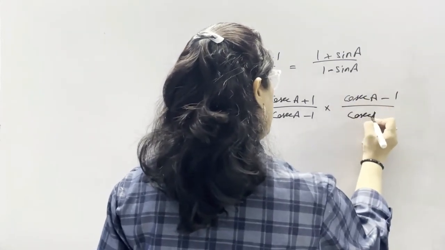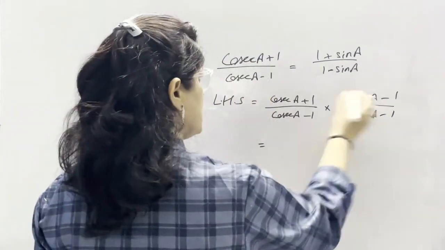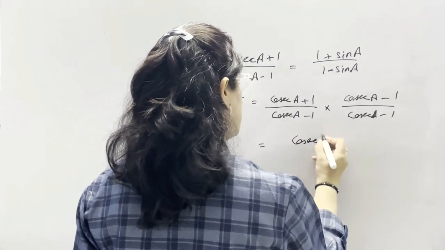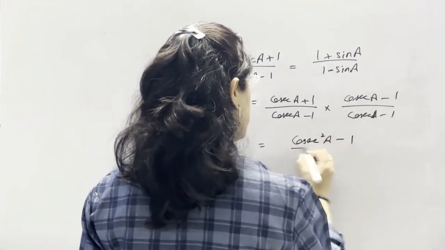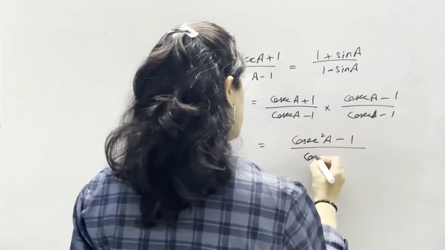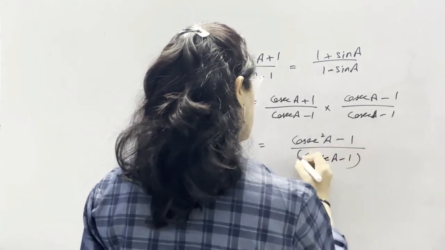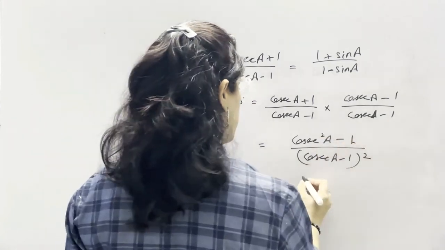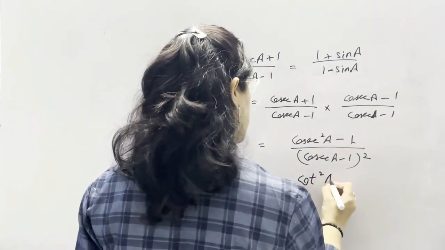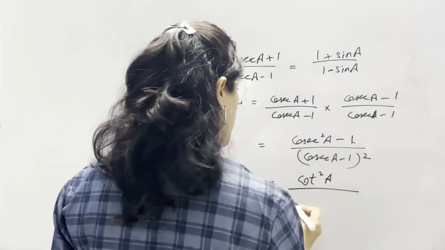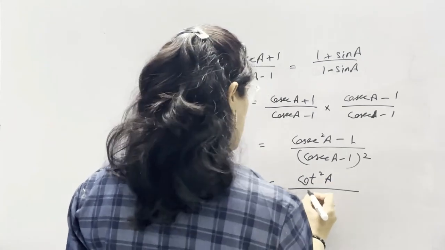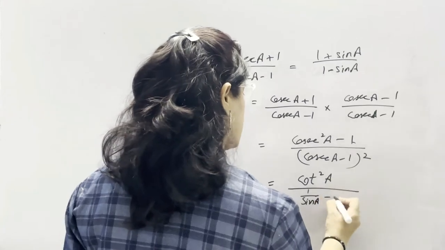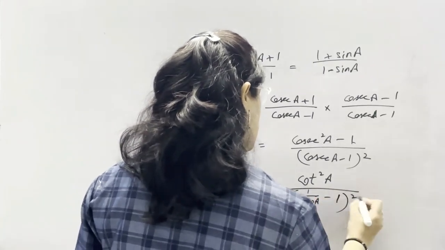So in the numerator, (A plus B)(A minus B) means A square minus B square. In the denominator, this is (cosec A minus 1) whole square. Numerator cosec square A minus 1 is equal to cot square A. This is the third identity. Denominator, we can open it or we can again put 1 upon sin A instead of cosec A, minus 1 square.